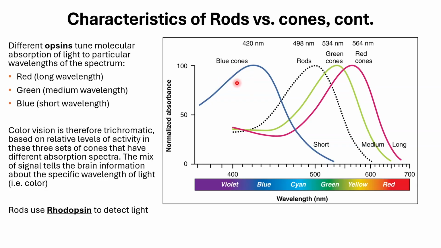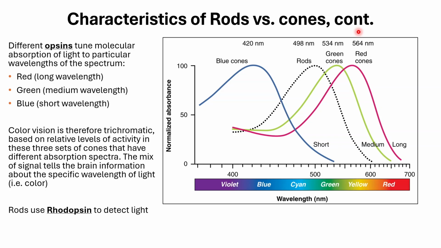What that means is that there is a peak wavelength that is most optimal in eliciting activity in those opsins. So for blue cones, it's going to be blue light that elicits those opsins to fire. Whereas green cones are going to be more sensitive to green light, around 534 nanometers, and red cones are going to be sensitive to red light, which is around 564 nanometers.